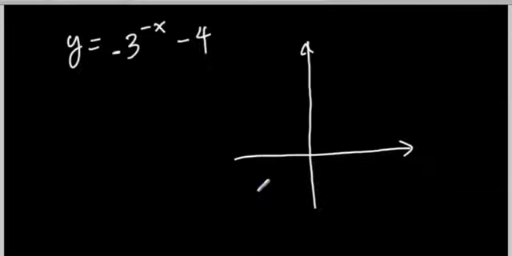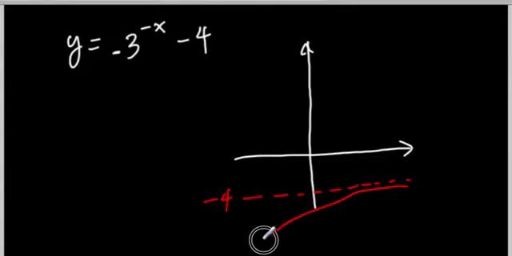We know that it's negative 4. Normally it would go up like this because b is an exponential growth. But because there's a reflection over here, it would go like that. And since there's another reflection, it would end up like this. So that's how this graph would look like.